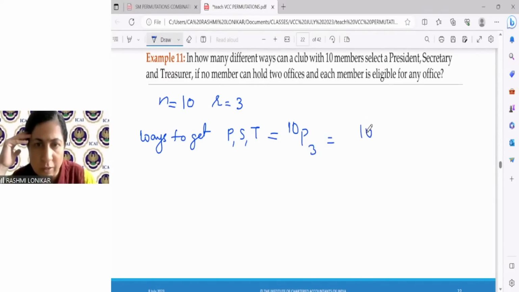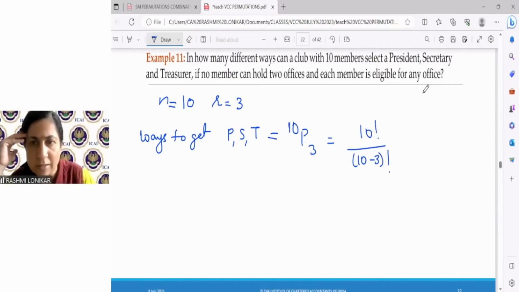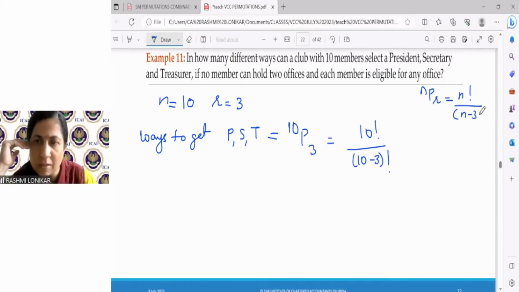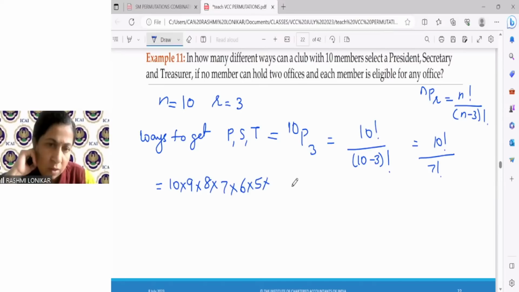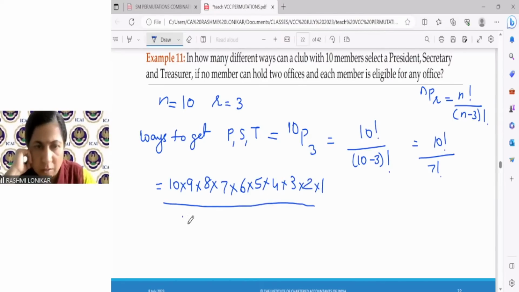So this is equal to 10 factorial upon (10 minus 3) factorial. How do I get that? Because nPr is equal to n factorial upon (n minus r) factorial. So this is 10 factorial upon 7 factorial. By the golden rule method, 10 into 9 into 8 into 7, 6, 5, 4, 3, 2, 1 upon 7, 6, 5, 4, 3, 2, 1.